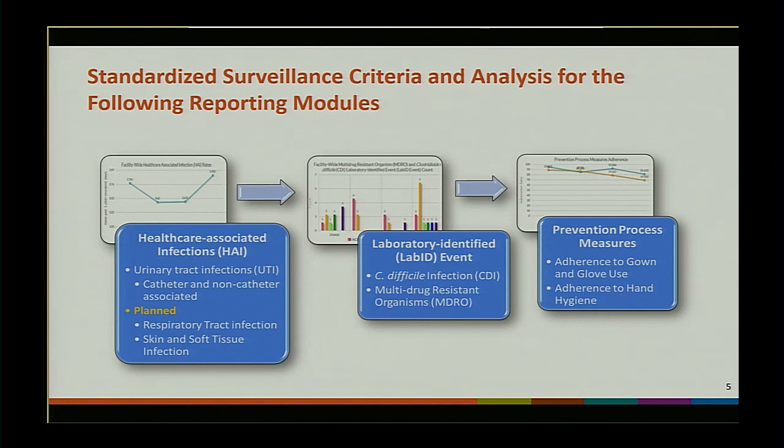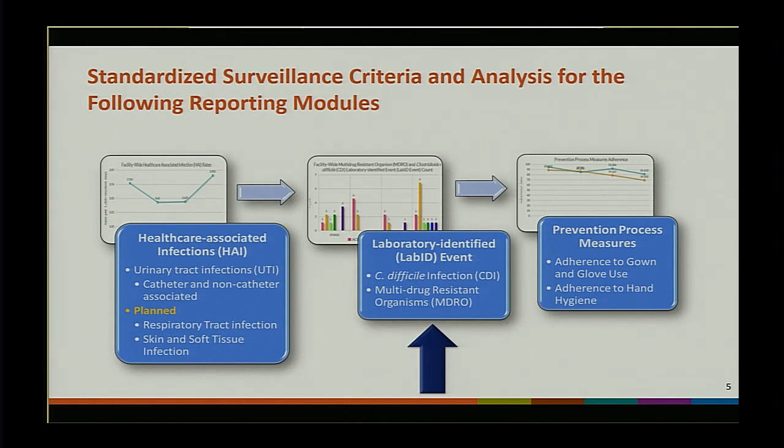Okay, so you've seen this slide here. So for today, we're focusing on this LabID event. So you'll hear it called Laboratory Identified Event or LabID Event. And within that module, there are options to report C. difficile infections and multi-drug resistant organisms, or you can do one or the other.